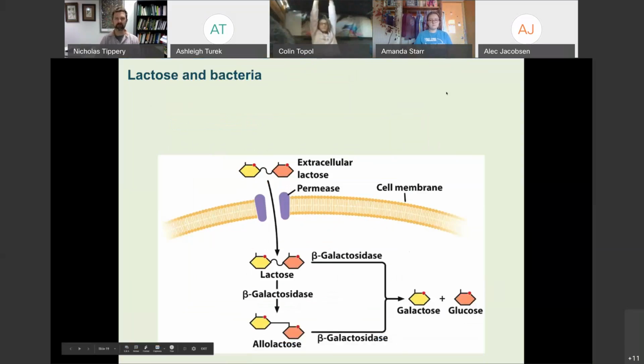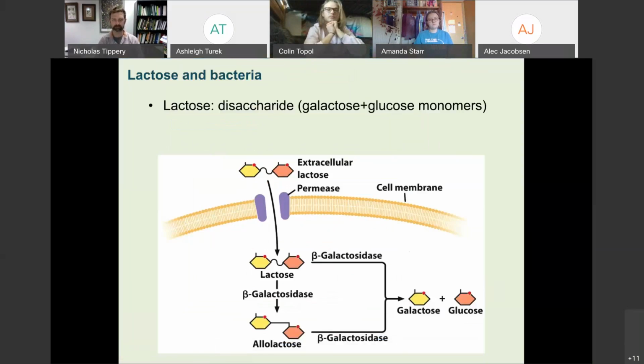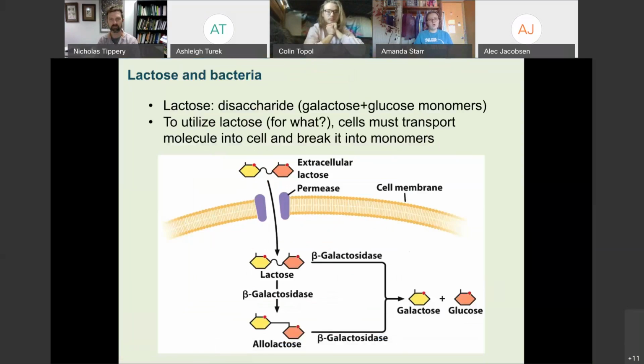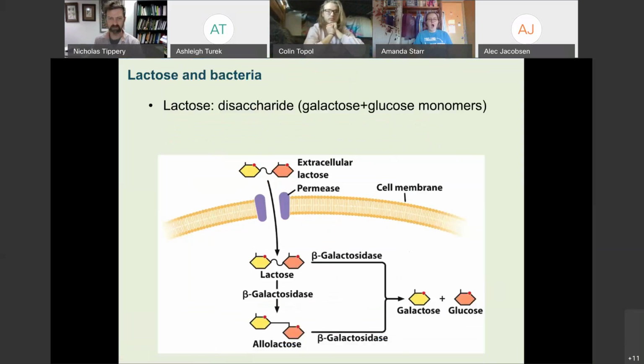You might have seen it before in other classes. This is the process of digesting lactose in bacteria. So you don't need to know the fine details of this. Lactose is a disaccharide sugar, so it's made up of two sugar building blocks, galactose and glucose.